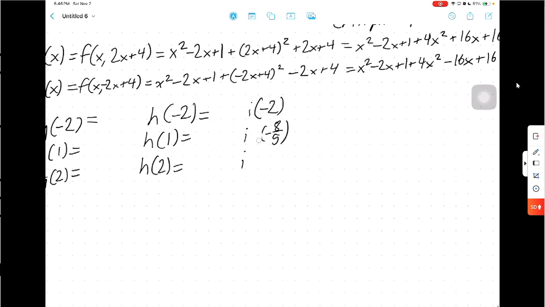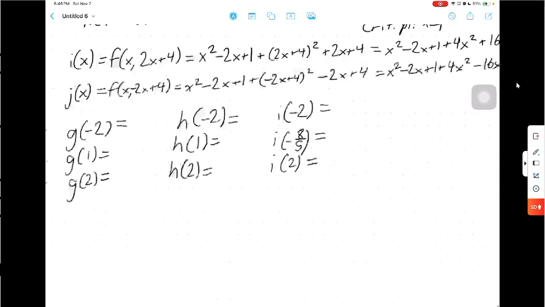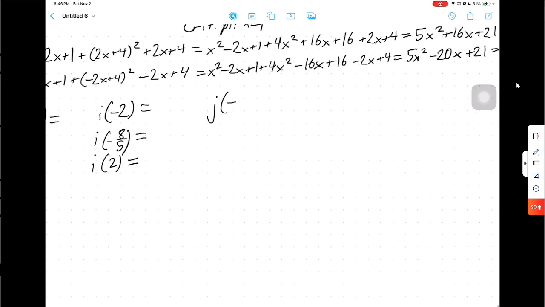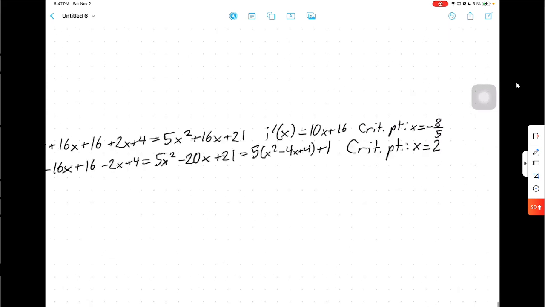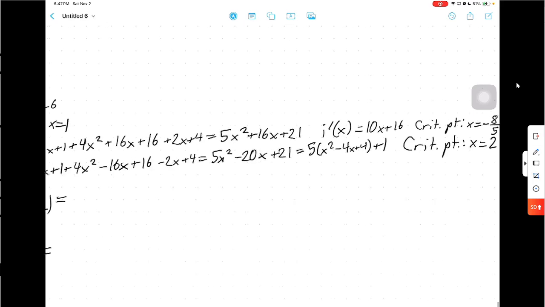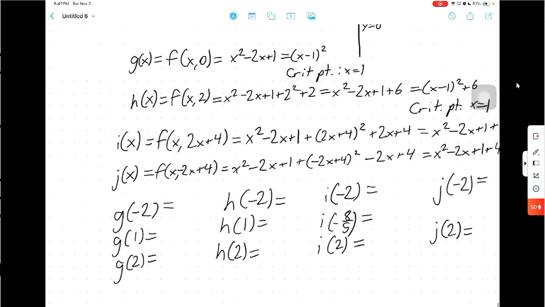So I of negative 8 over 5, I of 2. And J has just 2 of them, because I managed to get away with the fast critical point method.